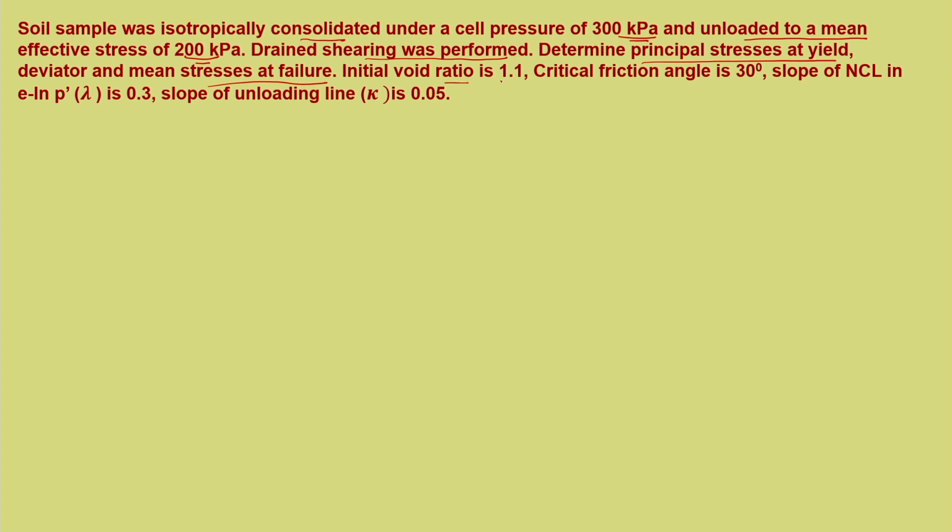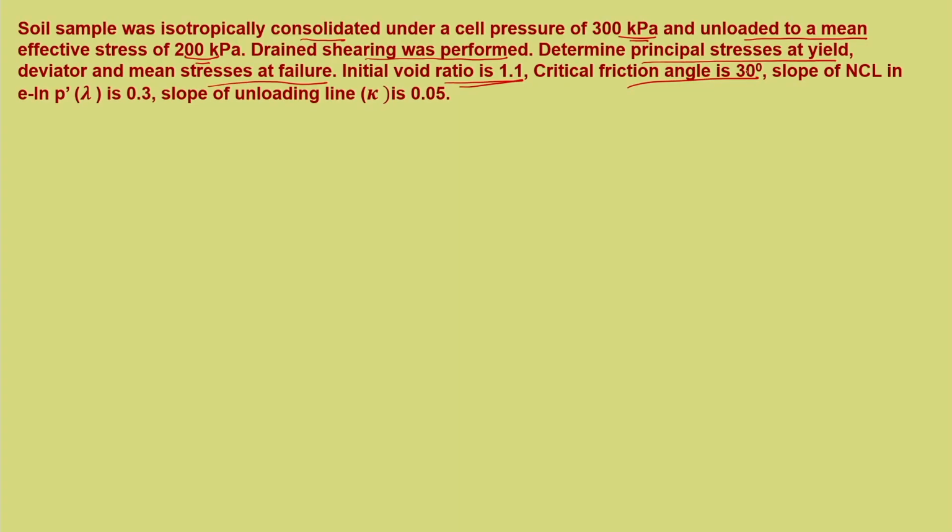The conditions are initial void ratio is 1.1. Now, initial void ratio of 1.1 means it corresponds to the unloaded portion, it is not the isotropically consolidated, it is unloaded now. So, 1.1 corresponds to unloaded portion. Critical friction angle is given 30 degrees. Slope of NCL in e versus ln P dash is given as lambda, which is 0.3.